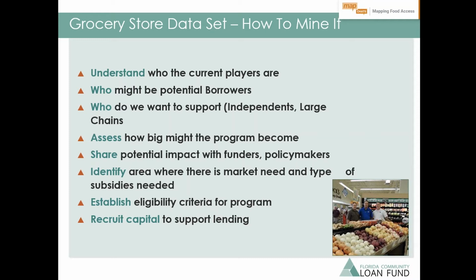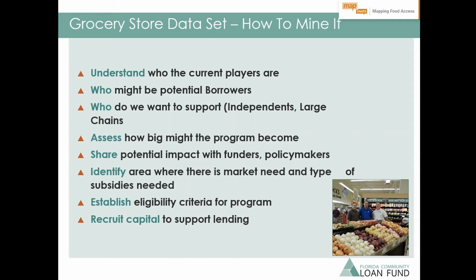Questions come up around policy issues about who we are supporting, to the extent that we are trying to support the large chains. Does it matter if you're supporting a large group of entities or a small independent, as long as they're serving the market? What is the potential for the size of our lending program over time?